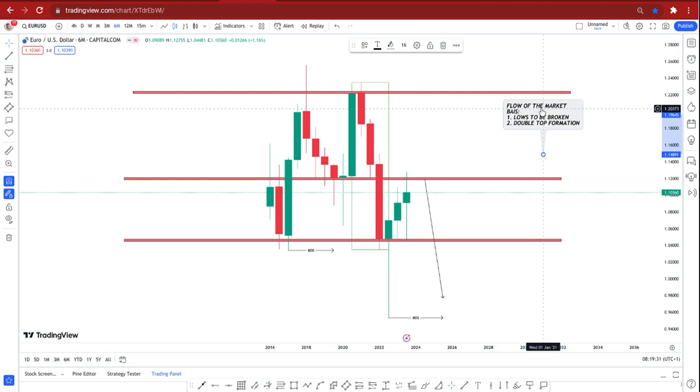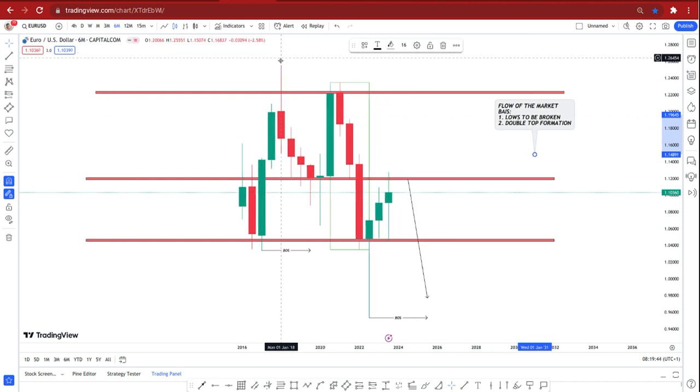So the flow of the market here simply means the first one is we start breaking lows, which is we took out this low and we have a new lower low. So this should be the high and this should be the low.